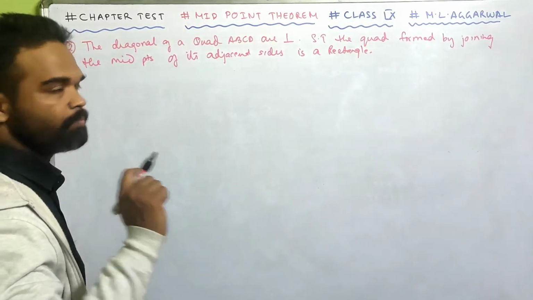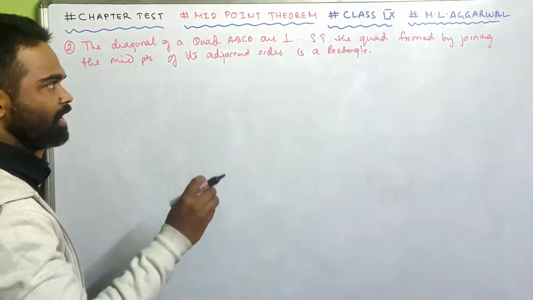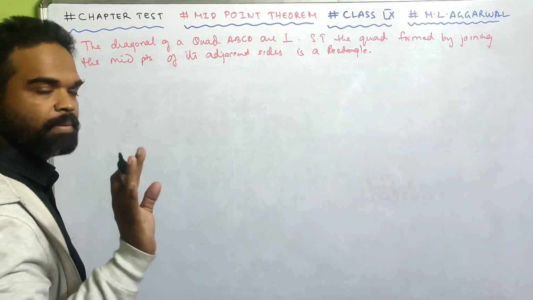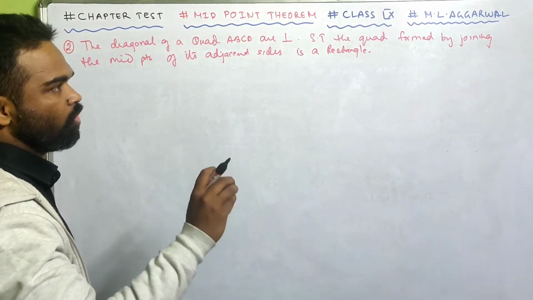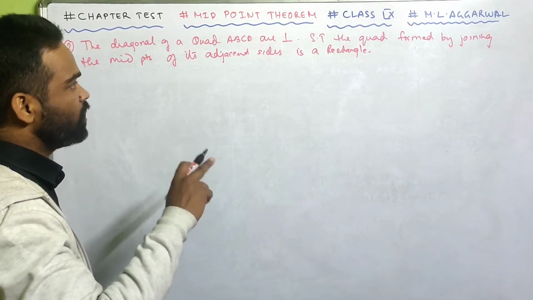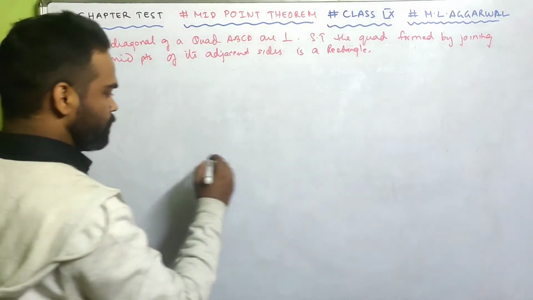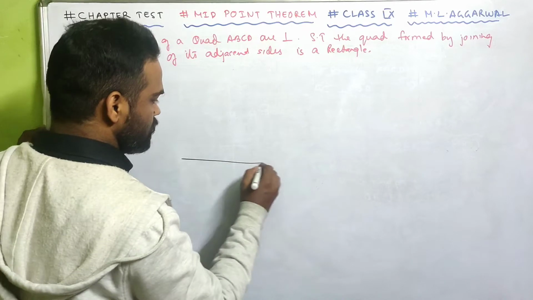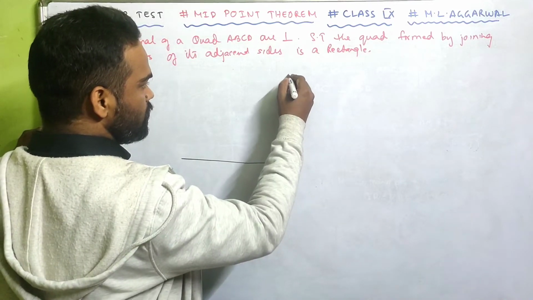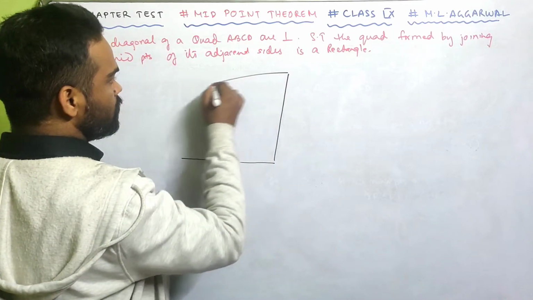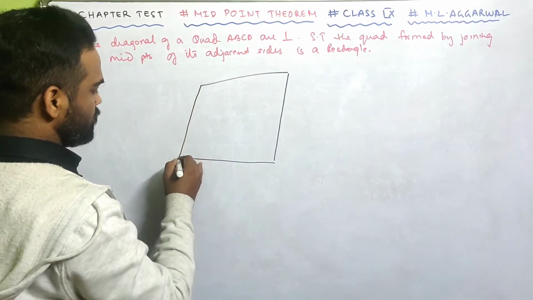Look at number 2. The diagonals of a quadrilateral ABCD are perpendicular. Show that the quadrilateral formed by joining the midpoints of its adjacent sides is a rectangle. Just like the previous one. Suppose I draw a quadrilateral.